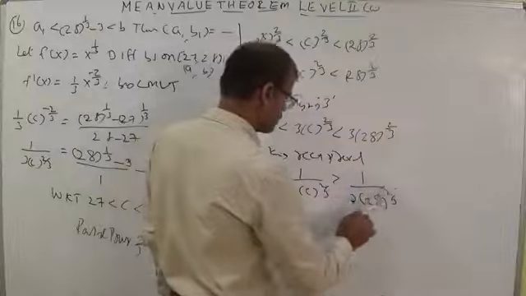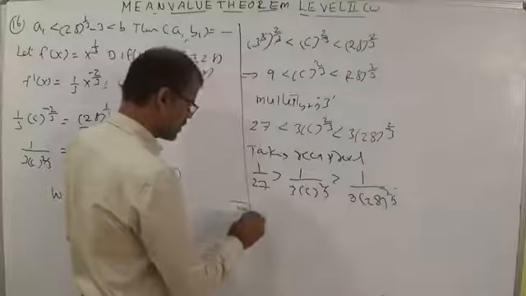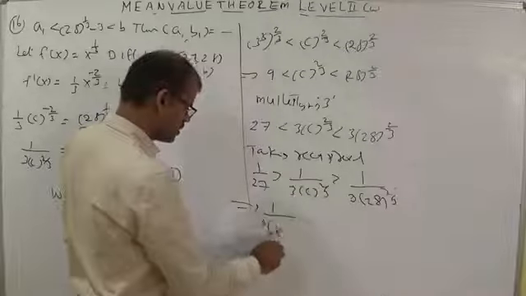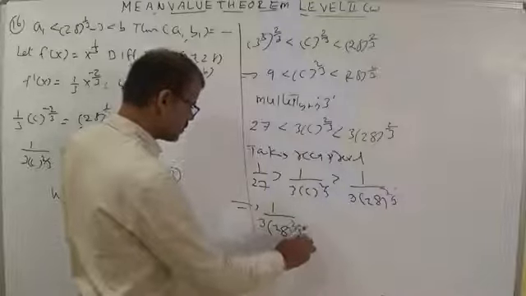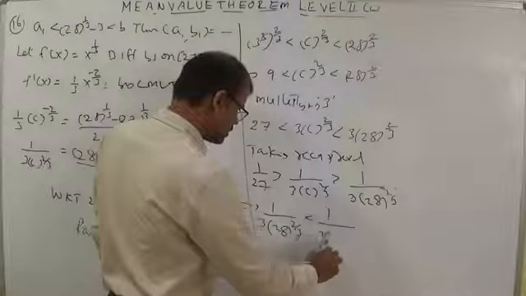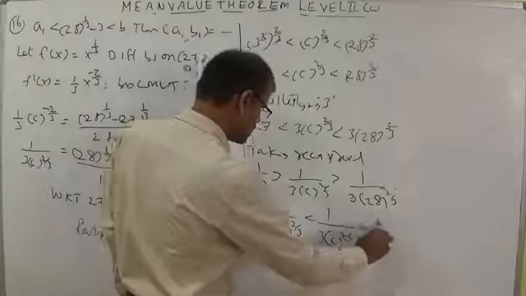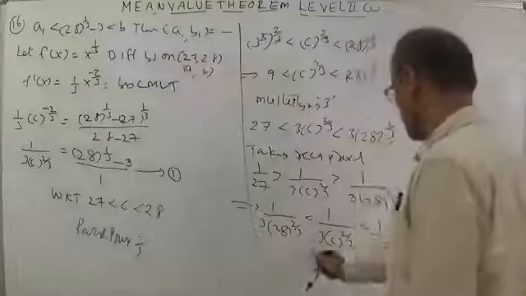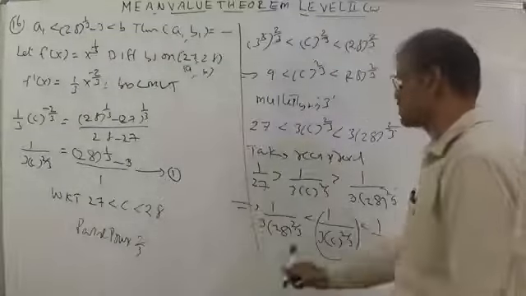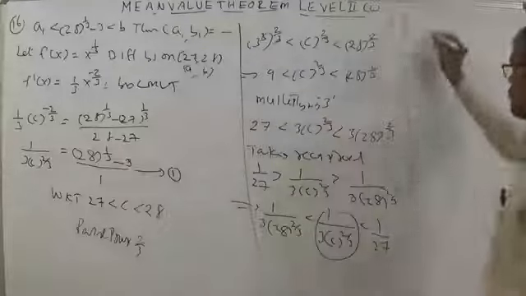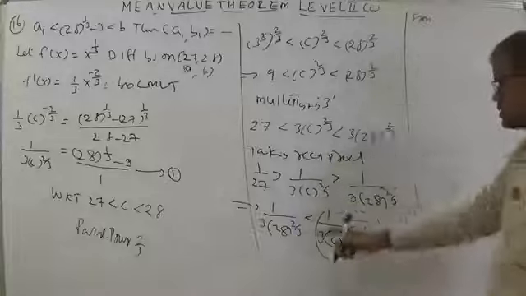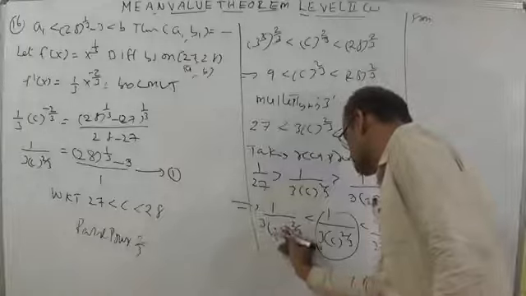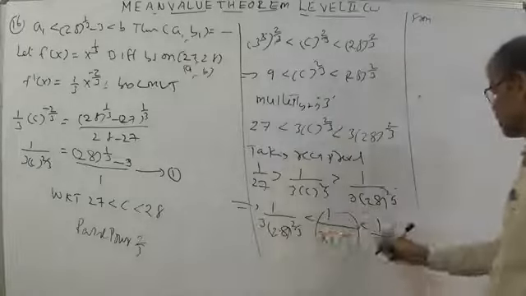That implies, whenever taking reciprocals, it becomes 1 by 3 into 28 power 2 by 3 less than 1 by 3 c power 2 by 3 less than 1 by 27. Now the value 1 by 3 into c power 2 by 3 lies between 1 by 3 into 28 power 2 by 3 and 1 by 27.